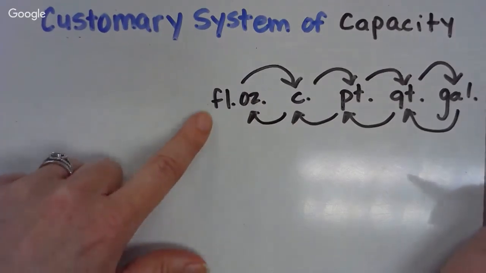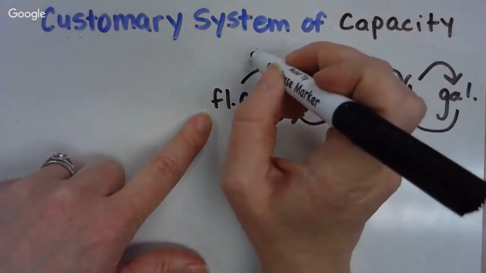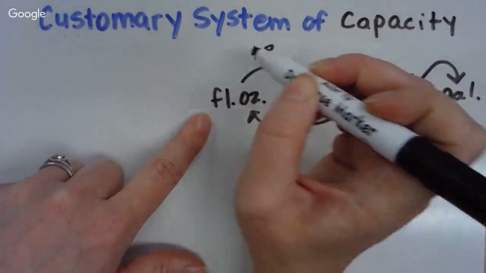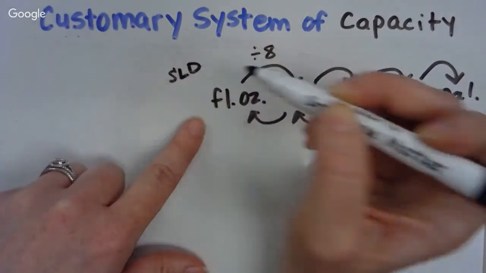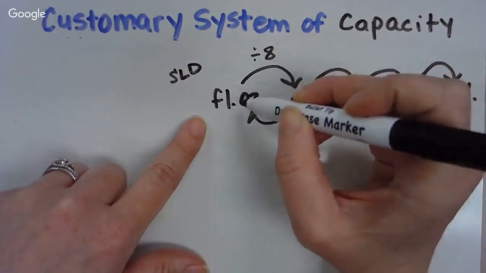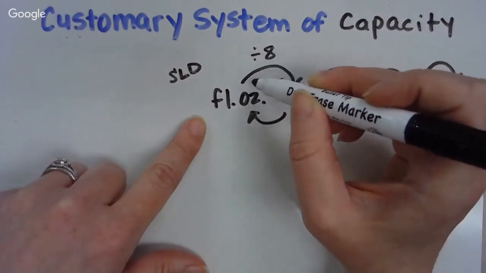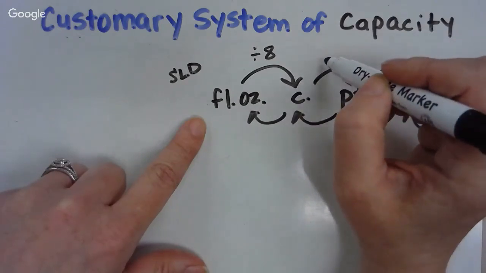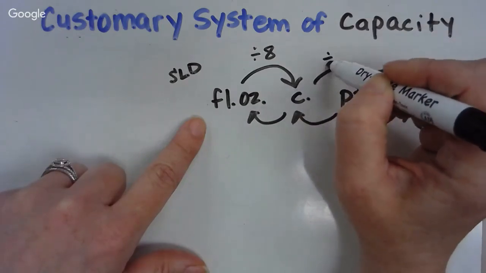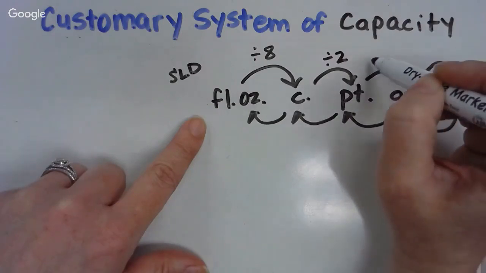We know that when we go from fluid ounce to cup, we're going to divide by 8 because when we go from a smaller unit to a larger unit, we divide. The relationship between ounces and cups is that it takes 8 fluid ounces to have a cup. The relationship between cups and pints is 2. There's 2 cups in a pint.